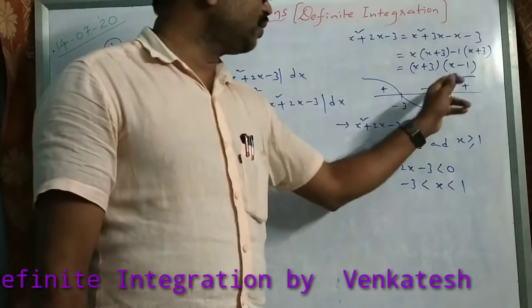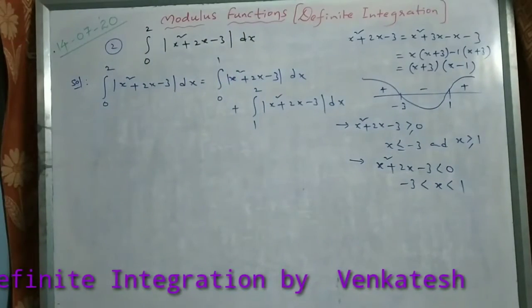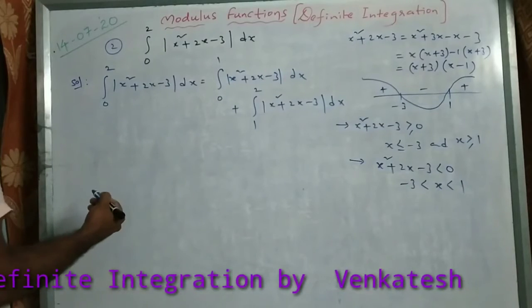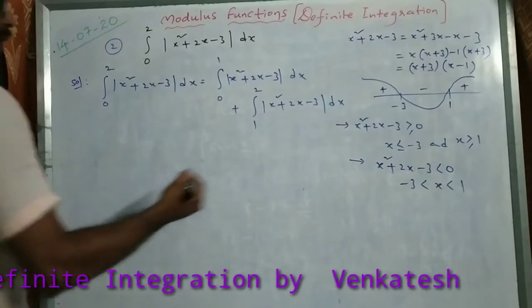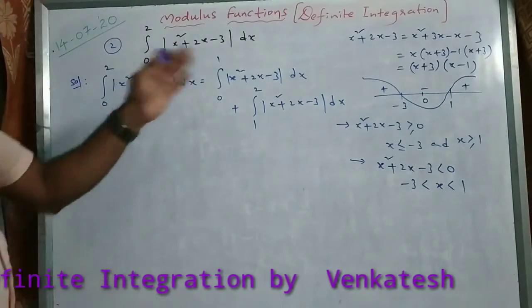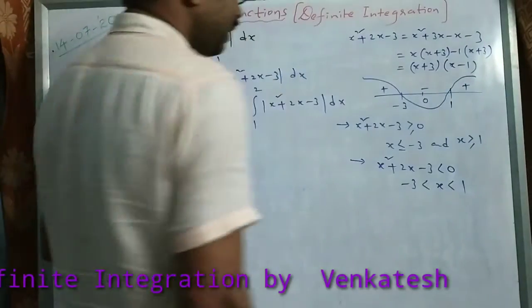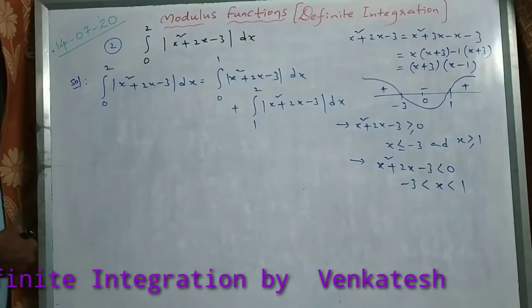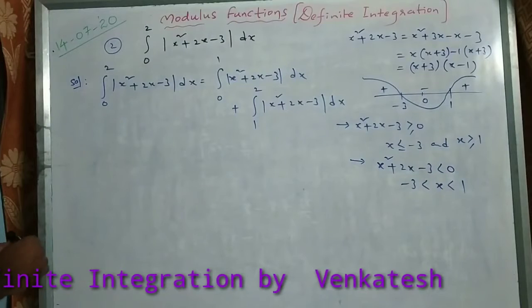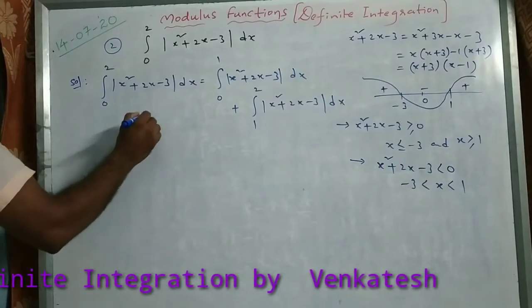Between 0 and 2 we have only 1 here. So that's why we can split like that, not minus 3.